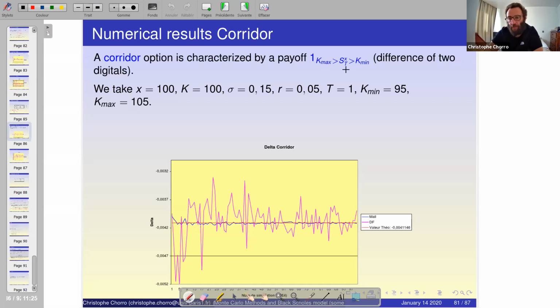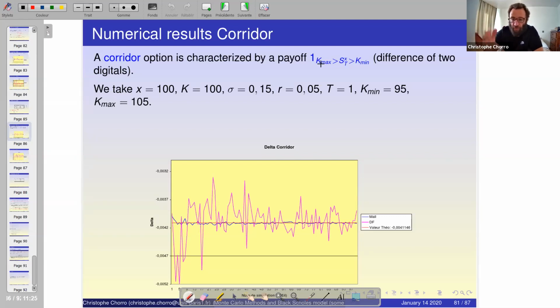It's something that will pay you 1 if you are between K-min and K-max and 0 otherwise. It's a corridor option. And in fact, we also have a closed form expression in this situation, because a corridor is just the difference between two digitals, and for digitals I have the closed form expression I have previously mentioned.